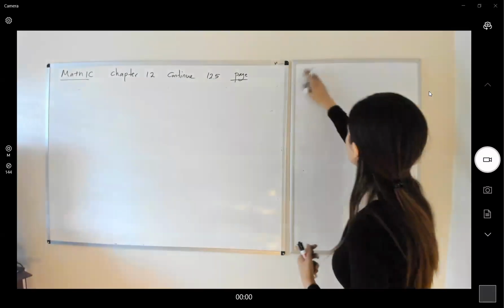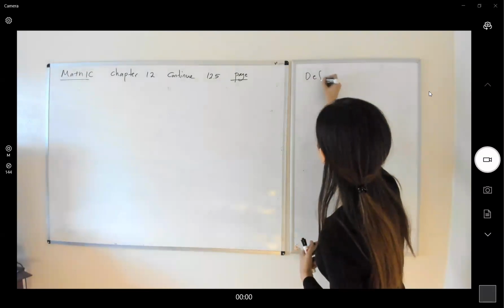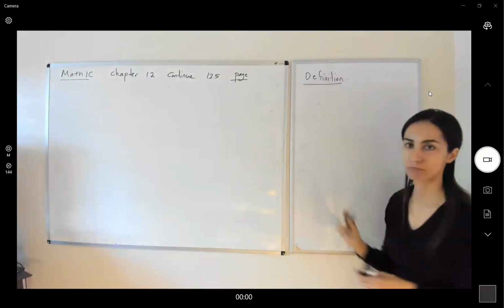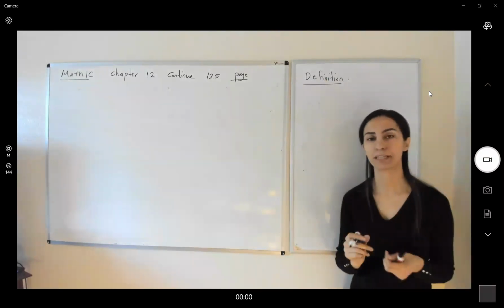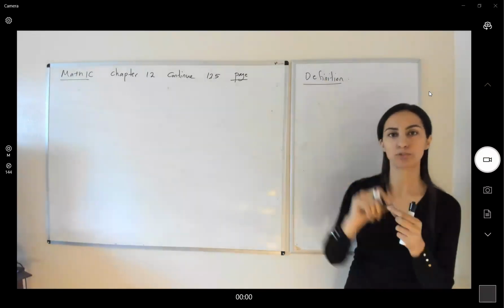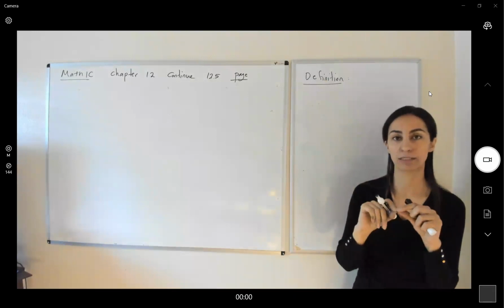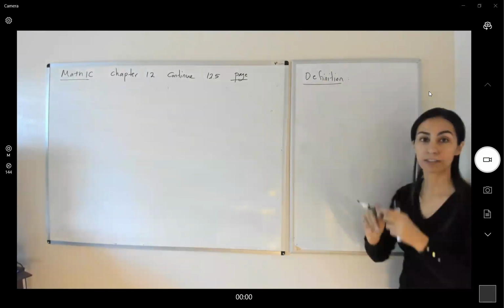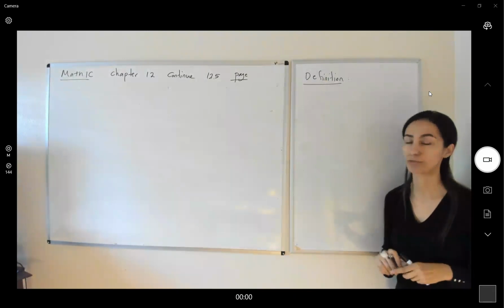Definition of equation of a plane. To write the equation of a plane, you need a normal vector to that plane and a point passing through that normal vector and is on the surface of your plane.